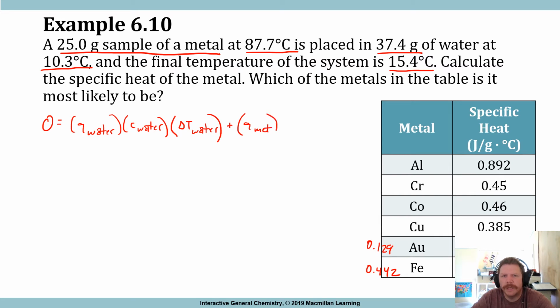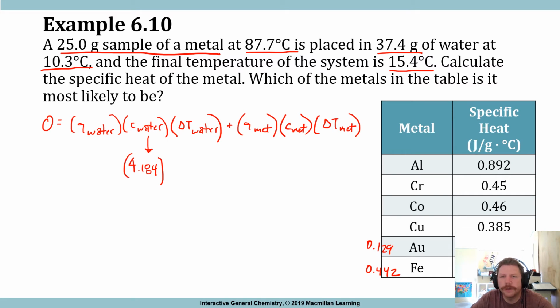I'm just going to write m of the metal, C of the metal, and delta T of our metal. So we know a couple of different things. We know the C of our water, that's 4.184 joules per gram degree Celsius.